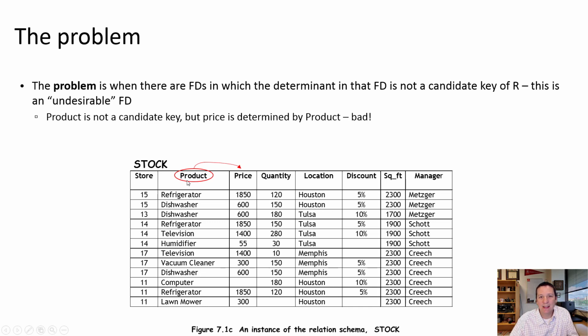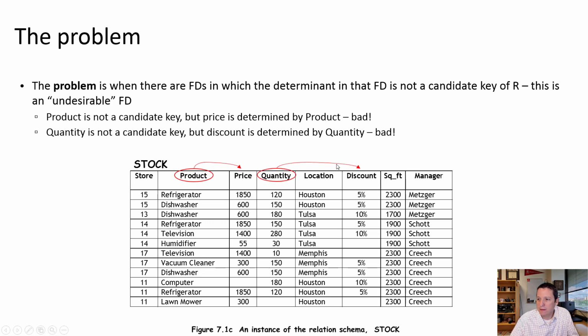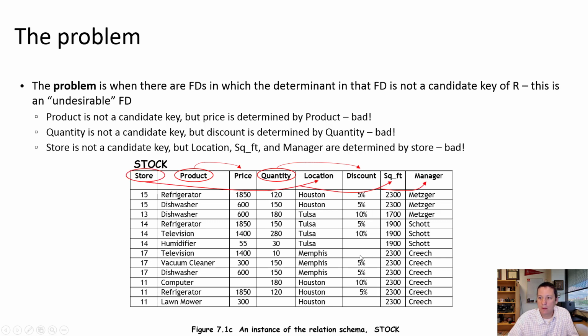Well, product is not a candidate key. So that is why we have redundancy in our price attribute, because price is being functionally determined by an attribute that is not a candidate key. Okay? This functional dependency that quantity determines discount, quantity is not a candidate key. So this is an undesirable functional dependency, and this is why we have redundancy in this discount attribute.